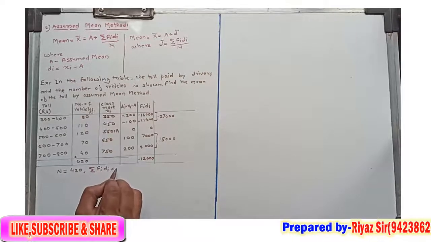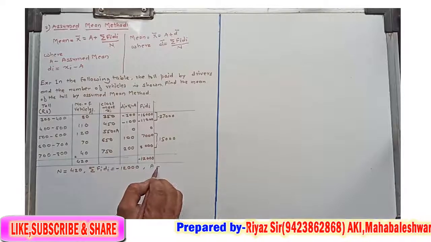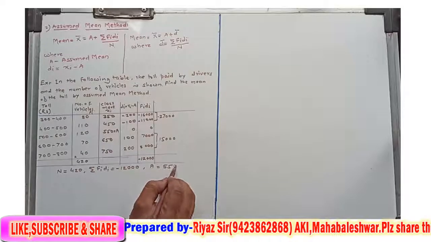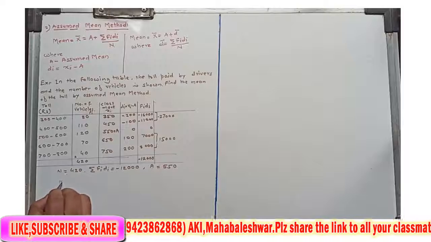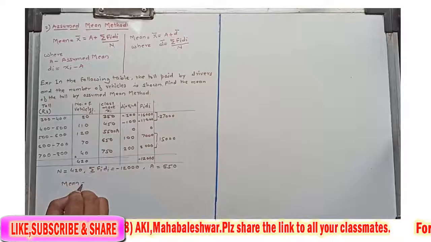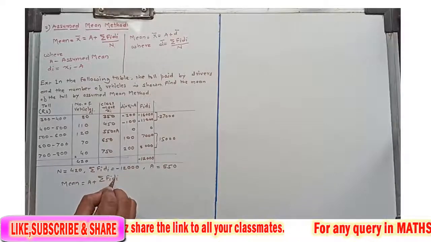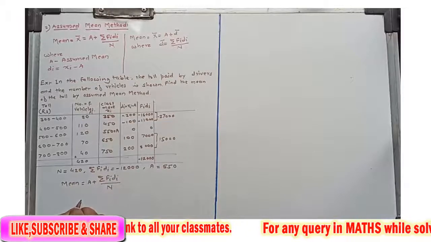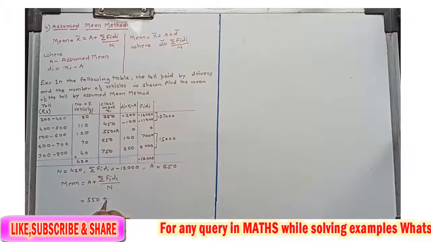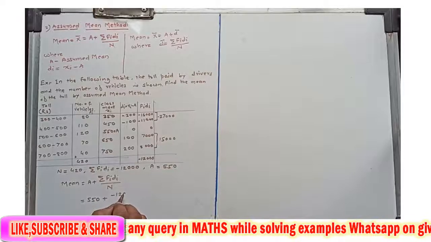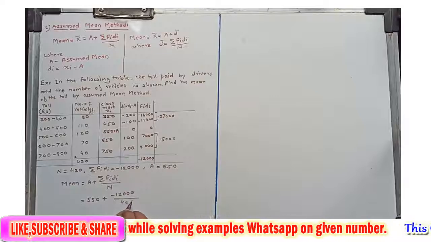Sigma fi di is minus 12,000, and the value for a we consider as 550. So these are the values. Now we write the formula. Mean is equal to a plus sigma fi di upon capital N, that is equal to the value for a, 550, plus sigma fi di, minus 12,000, divided by N, N is 420.